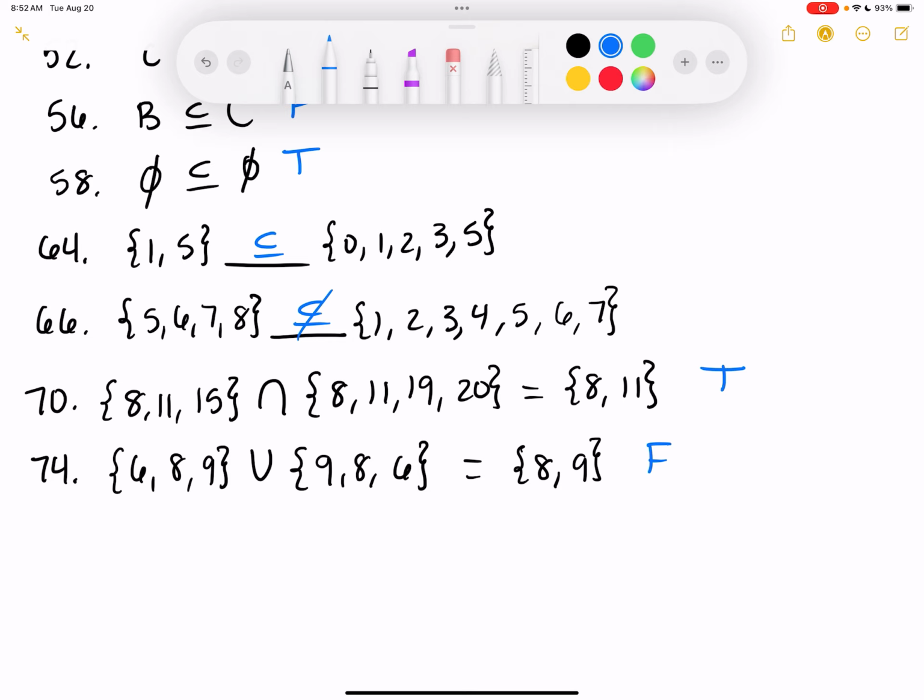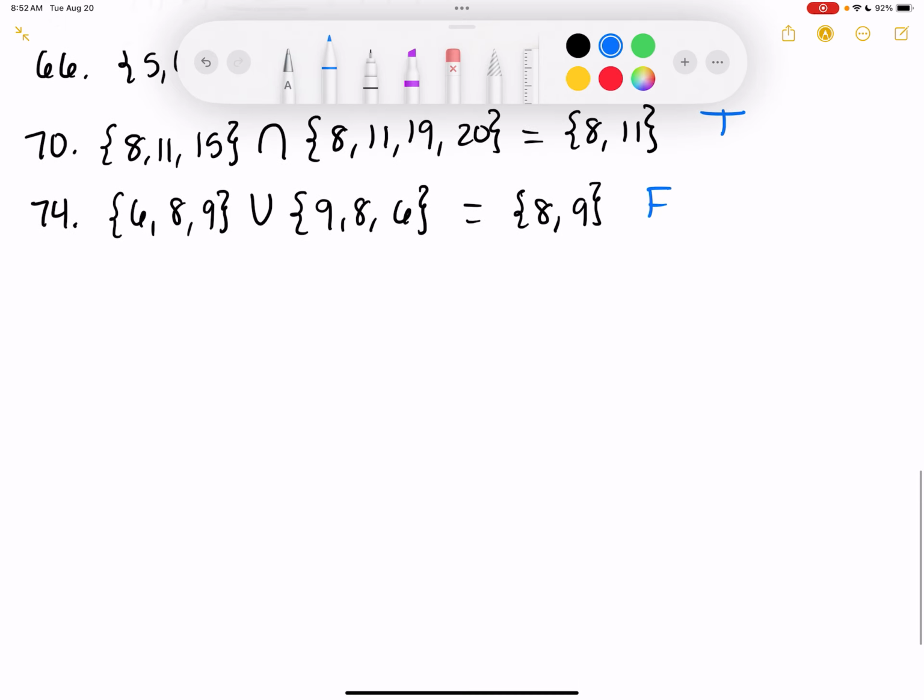All right, so for the rest of the problems, they give us 5 sets that we're looking at to answer the following questions. So I'm going to write all of those out so we can reference them. This is for problems 81 through 110.